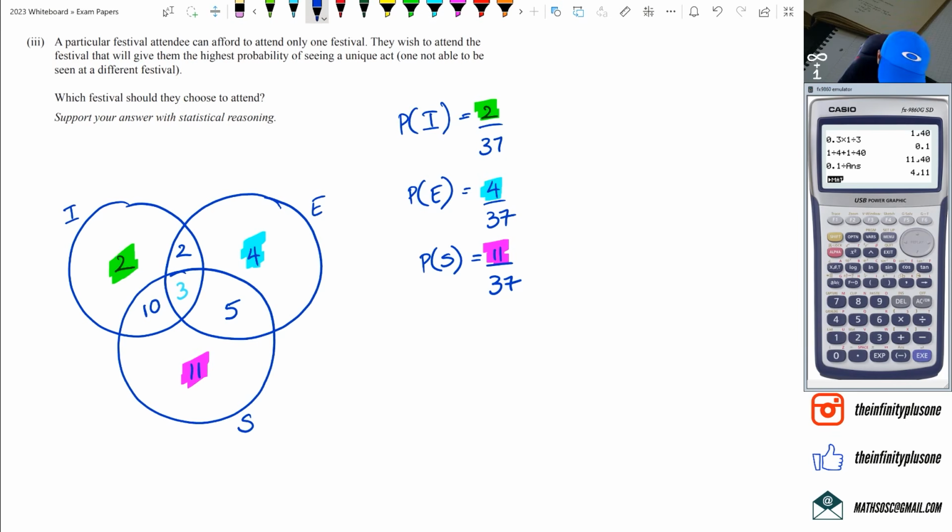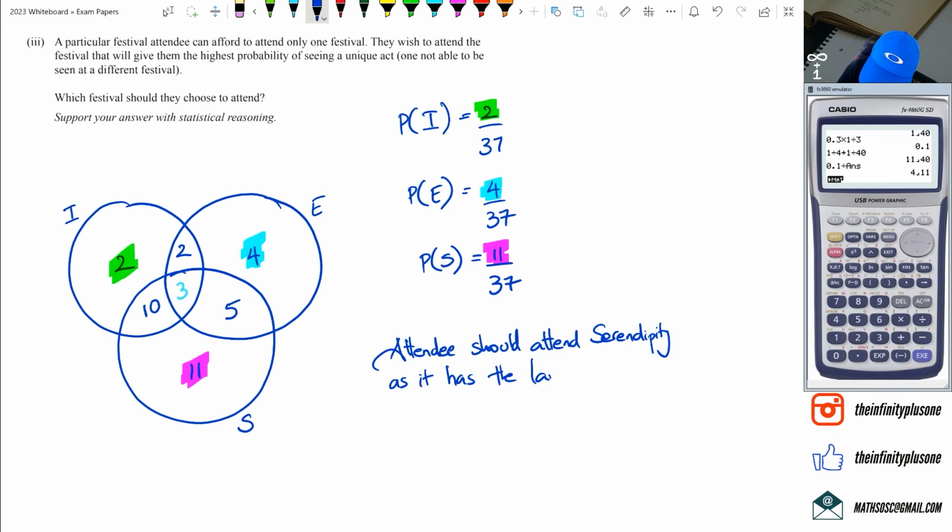So from here, we're just going to say that attendees should attend Serendipity, as it has the largest probability of seeing a unique act.